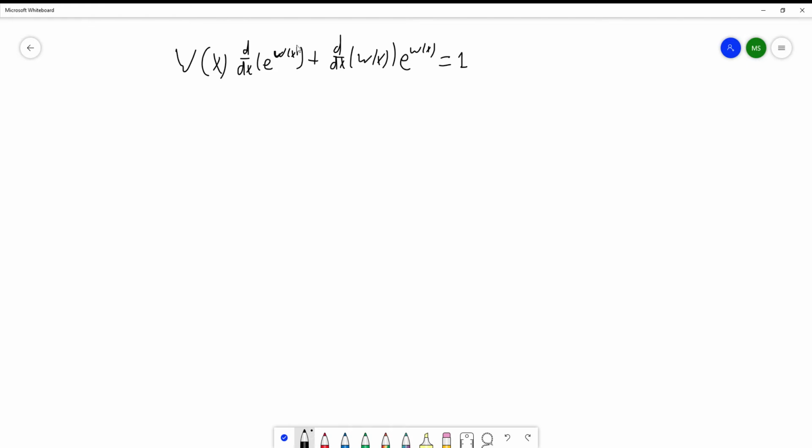The next step will be to work this out. We don't know this, because that's what we want to calculate. So we say W of x times the derivative of this. Following the chain rule will be e to the W of x times the derivative of what's inside.